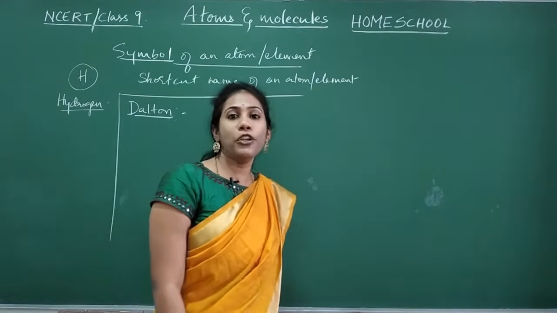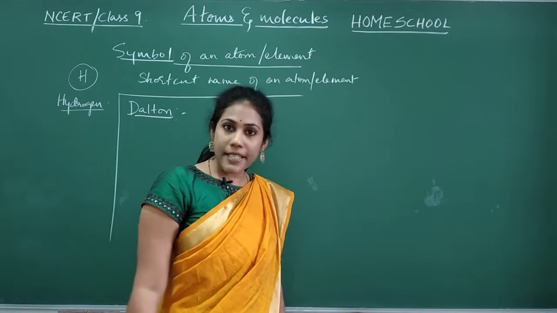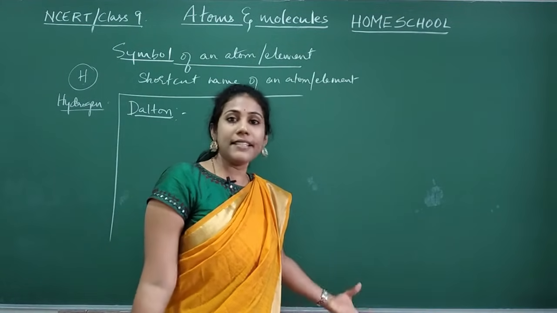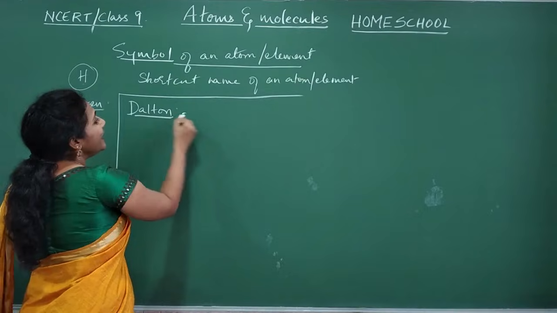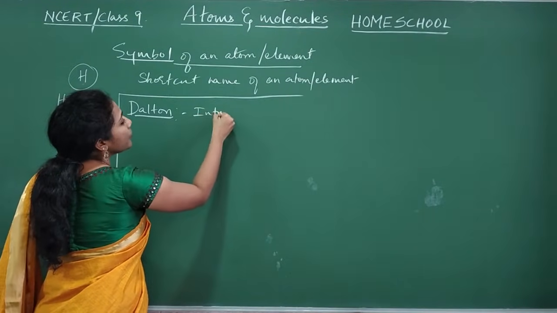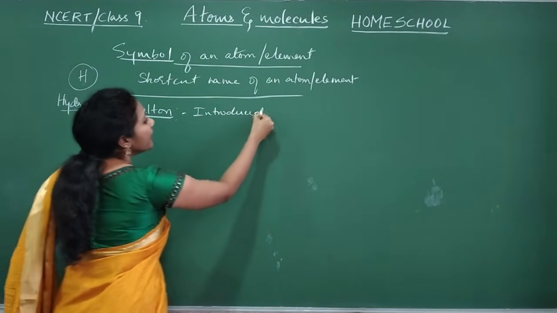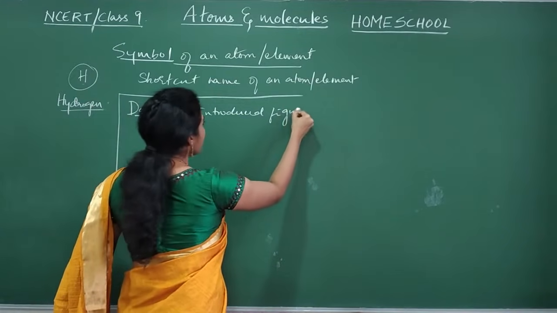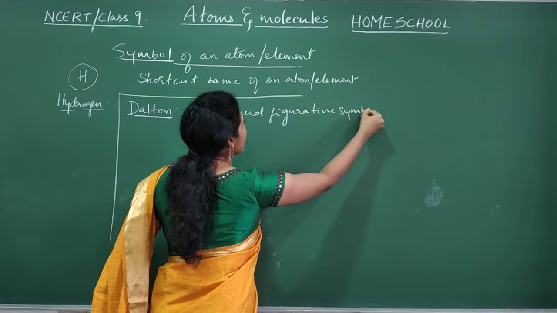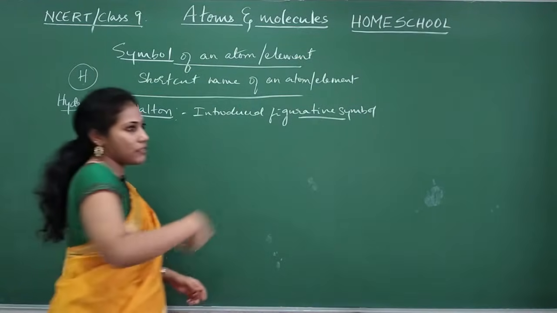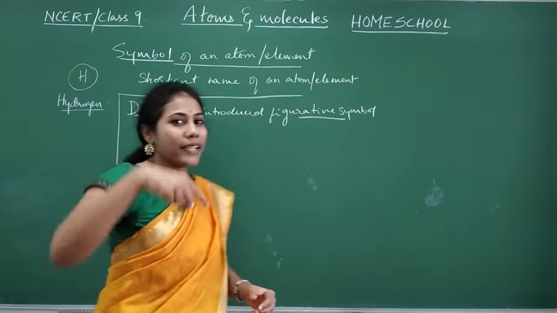In the first video, we discussed Dalton's atomic theory, isn't it? The scientist Dalton, the same person. Okay, so he introduced figurative symbols. Which symbols? Figurative symbols, in the sense, in the form of figures, in the form of some small diagrams.